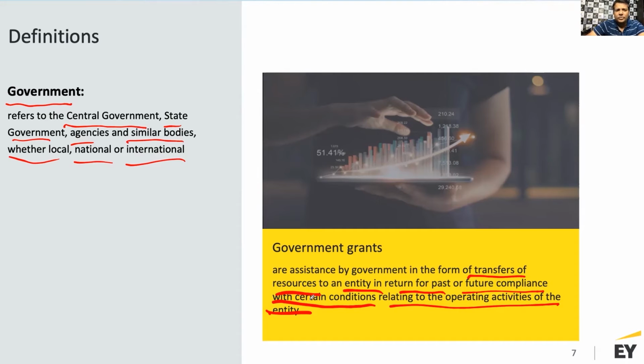There are several types of conditions which are attached from that perspective. So you need to look at that and consider it appropriately to determine whether it's a government grant or whether it is coming in from the government in some other way. So all of that is extremely important.